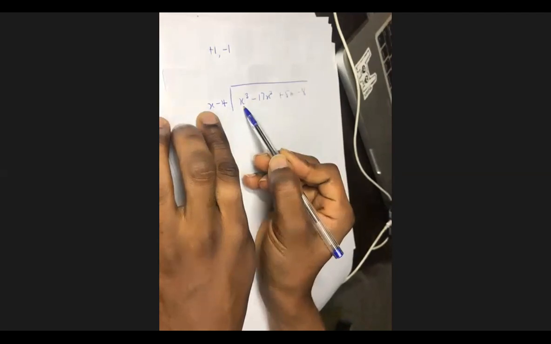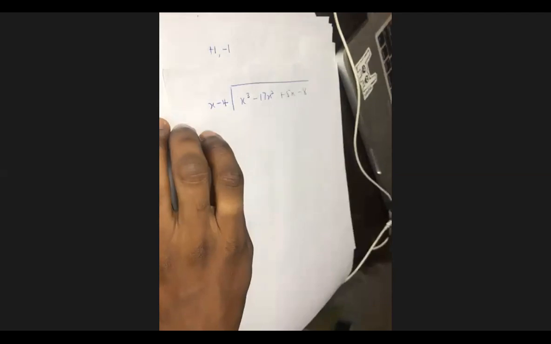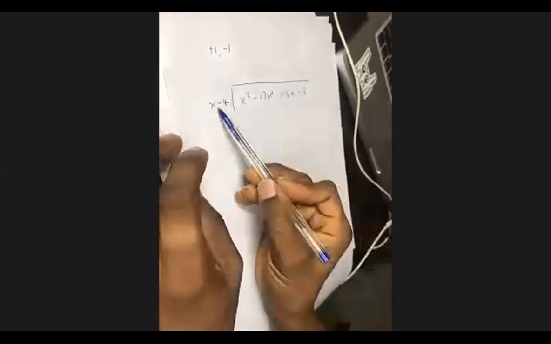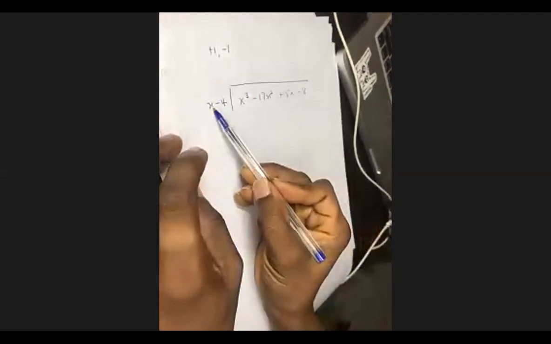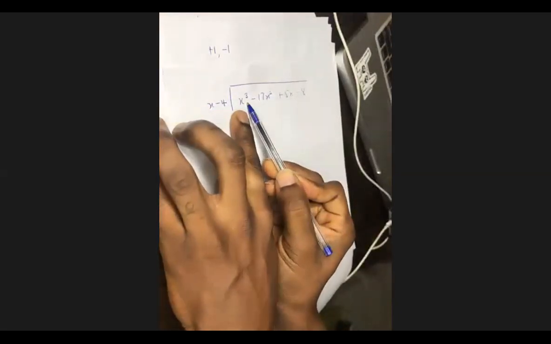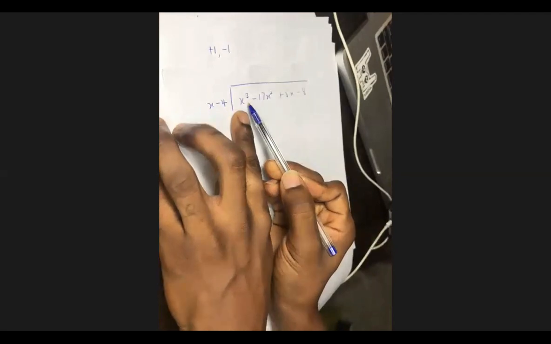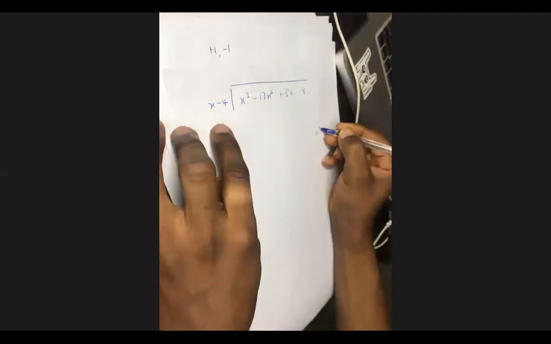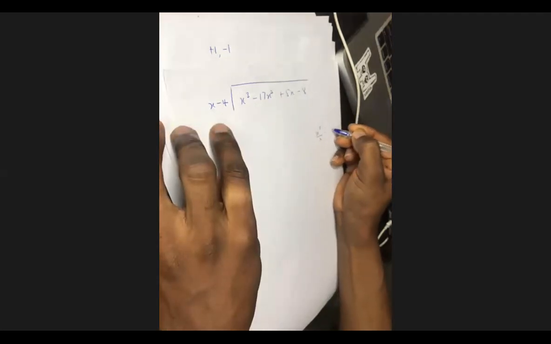Yes, sir. Good. Now, you realize that x will go into x cubed, x squared. Do you get that? Yes. Good. Because if I have x cubed divided by x, this is x squared.